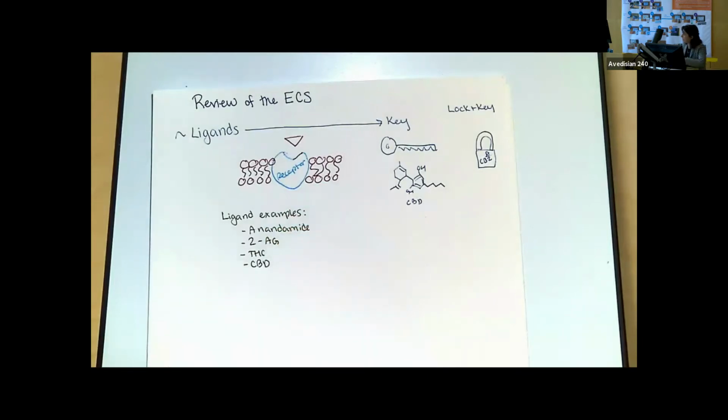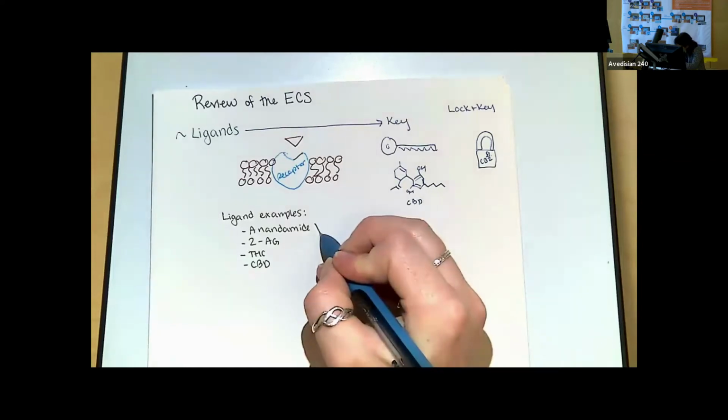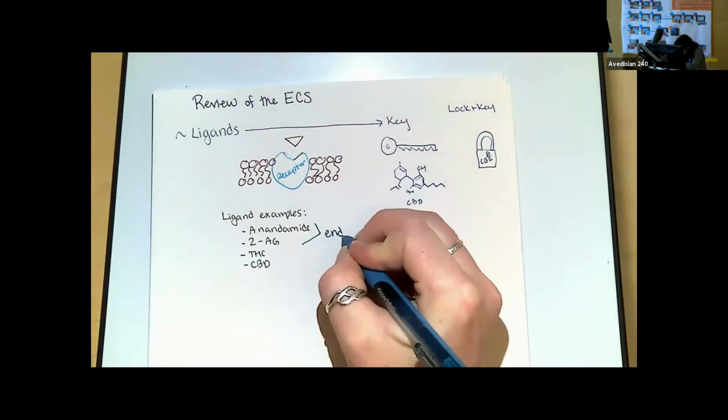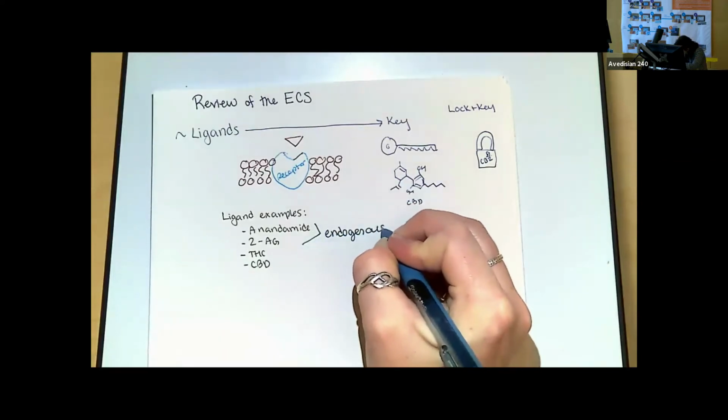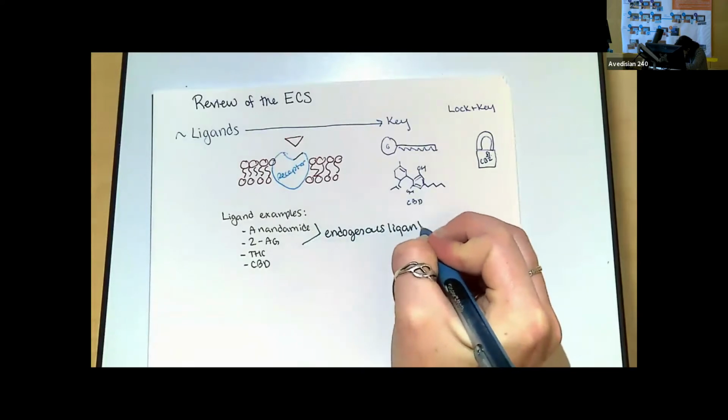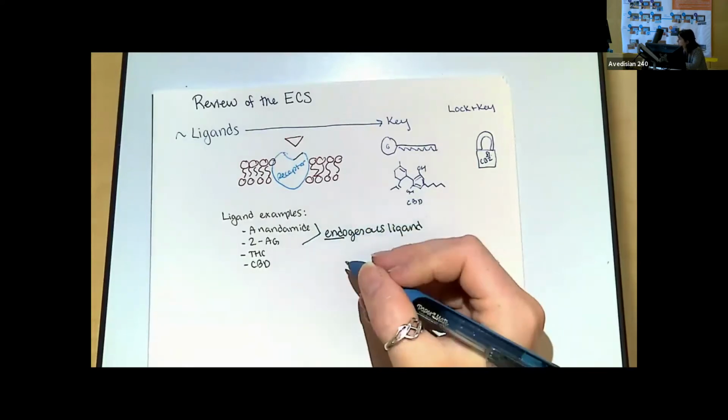Would be anandamide, 2-AG, THC, and CBD. So these you could class into two separate categories. The first would be your endogenous ligands, meaning endo, they're coming from inside your body.